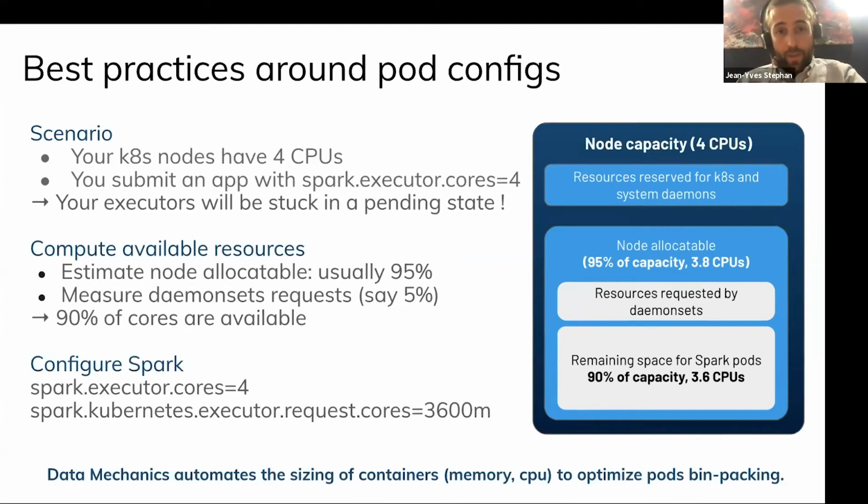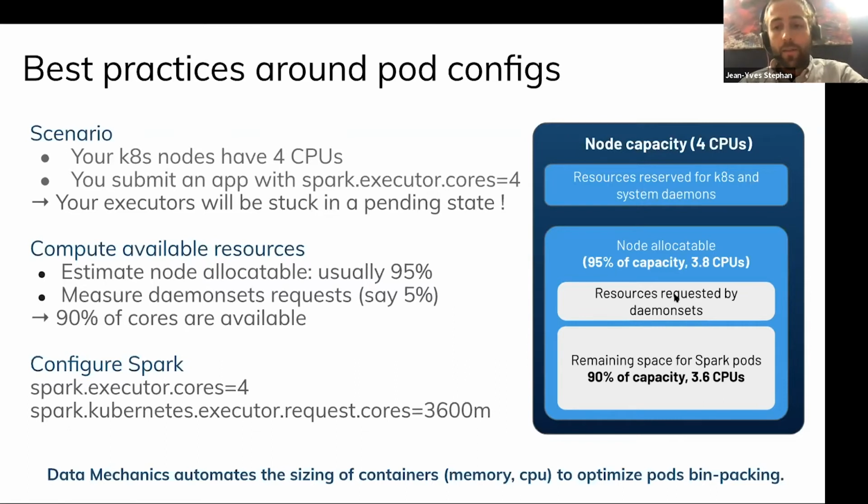Why? Even though your nodes have 4 CPUs, there is a small number of resources that will be reserved for Kubernetes and system daemons. So the node allocatable isn't quite 4 CPUs, it may be just 95% of that. Then if you're running daemon sets, this could be another small overhead that goes to your daemon sets.